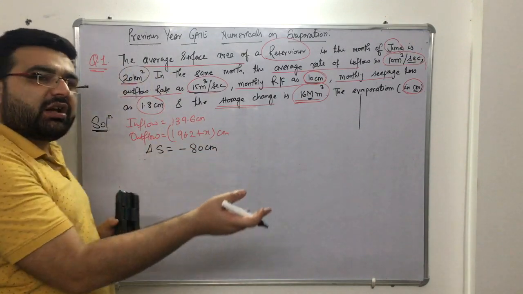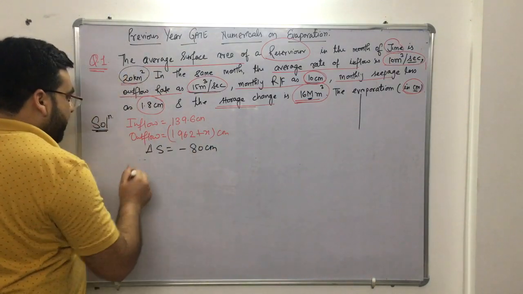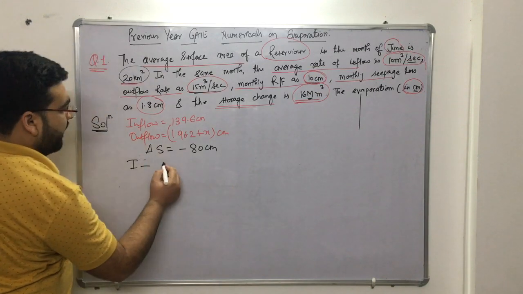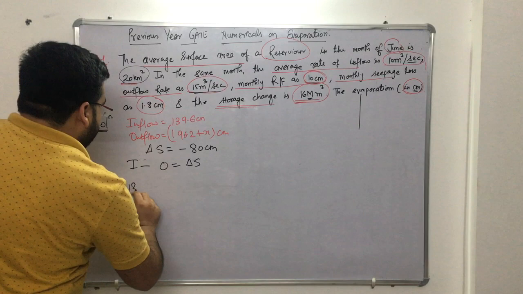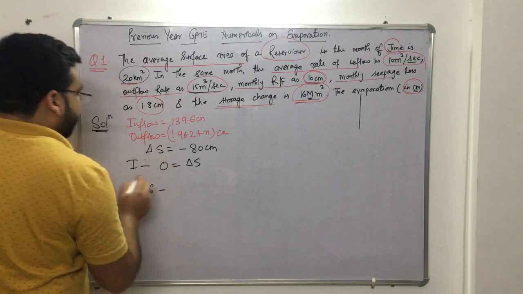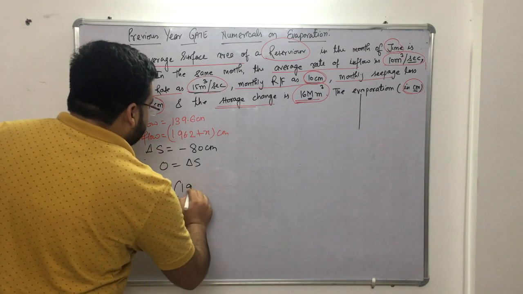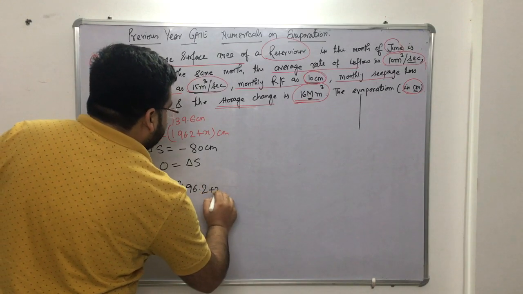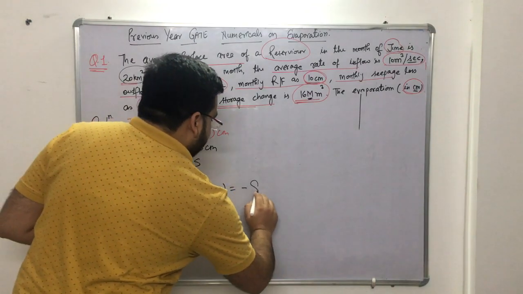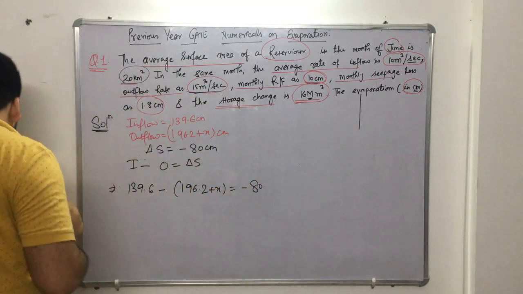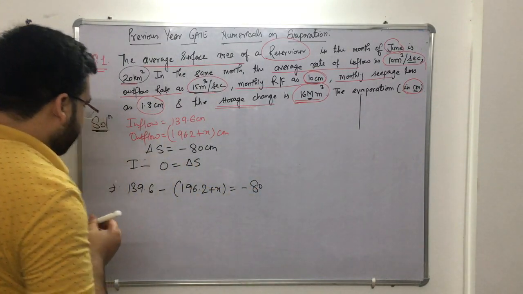Now just apply the water budget equation. Very simple. The water budget equation is inflow minus outflow equals change in storage. How much is inflow? That is 139.6 minus outflow, which is 196.2 plus X. And change in storage is minus 80, right? Clear? So how much would it be if you solve it?